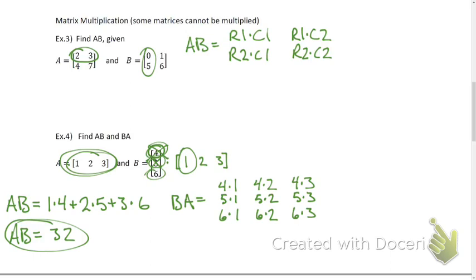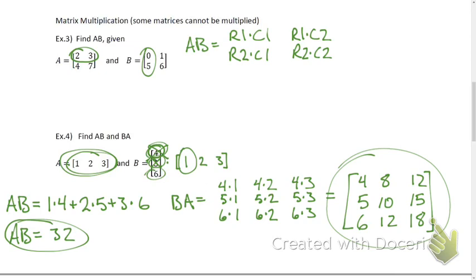All right. Do a tiny bit of multiplying and you're done. We have 4, 8, 12, 5, 10, 15, 6, 12, and 18. And that is BA.